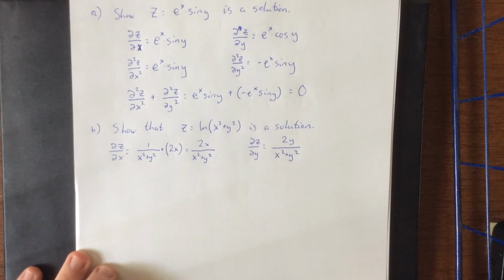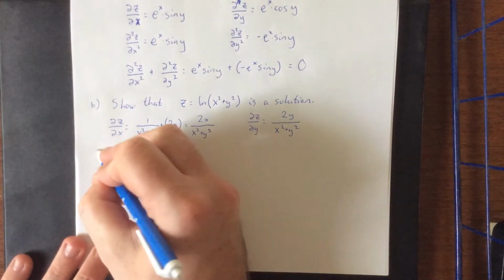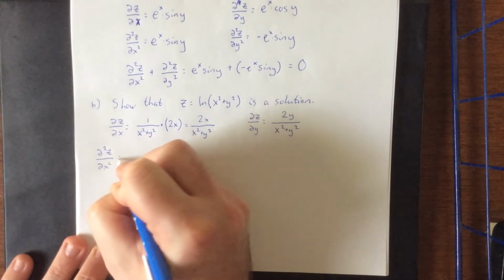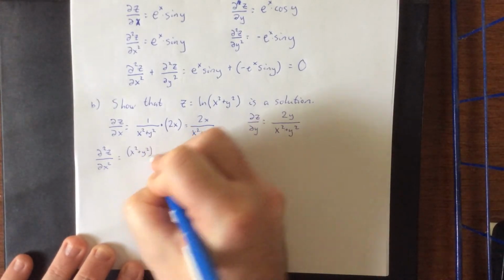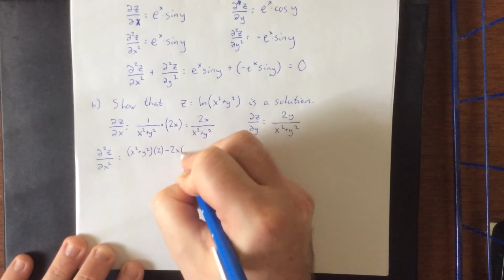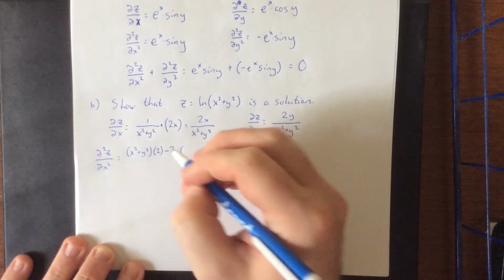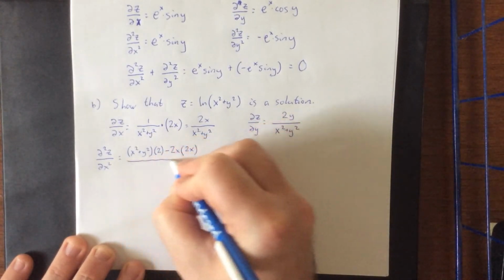Both of these are going to need the use of the quotient rule for our next derivative. So we'll start over here. D squared z over dx squared will be equal to, this will be low d high less high d low. And when I say d low, it would be the partial derivative with respect to x of x squared plus y squared, so that'll give another 2x.